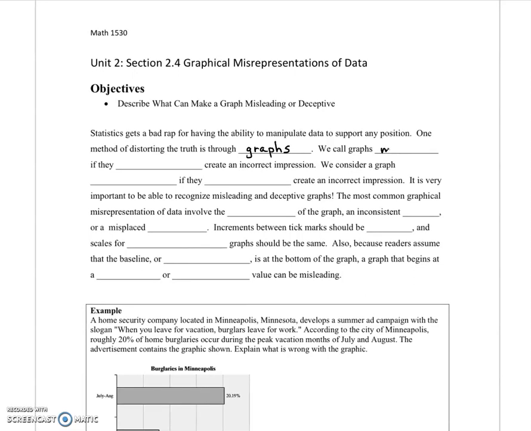So we say a graph is misleading if it unintentionally creates an incorrect impression.